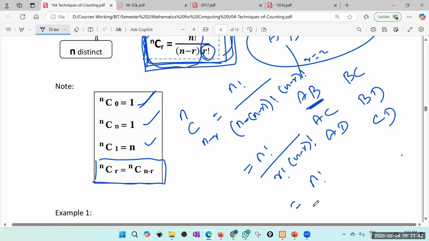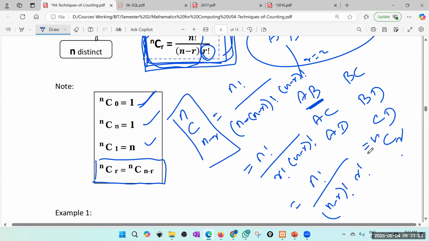Because this is factorial n divided by factorial n minus R divided by factorial R. And this is the definition of NCR. So therefore, NC(n minus R) is equal to NCR. Right? So just keep this in mind. This is very useful. Otherwise, you don't get the full marks for the question. Sometimes, right? Not all the time.